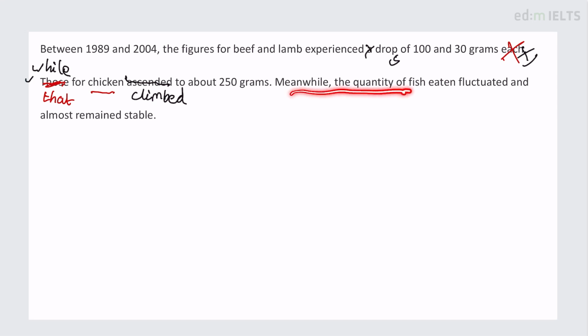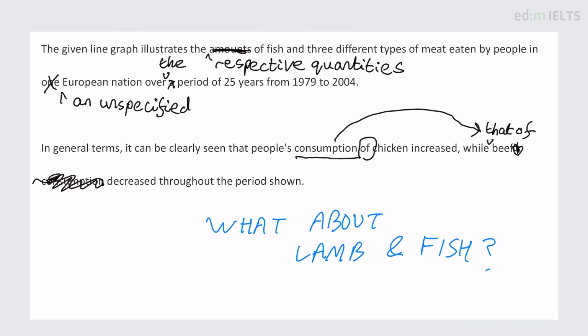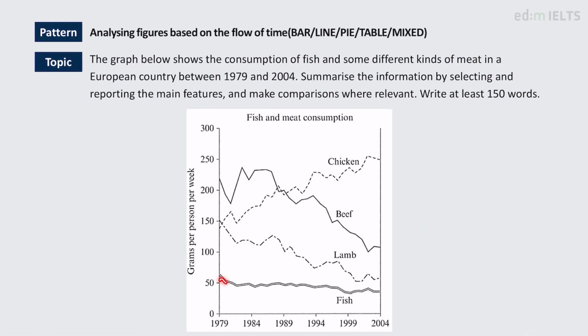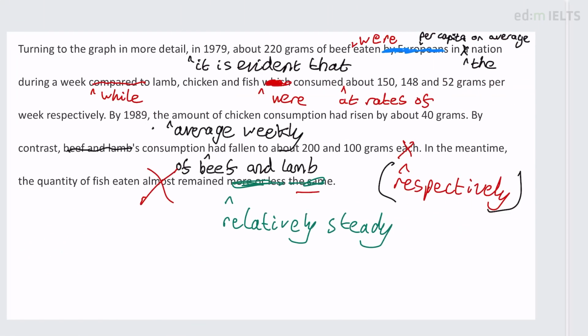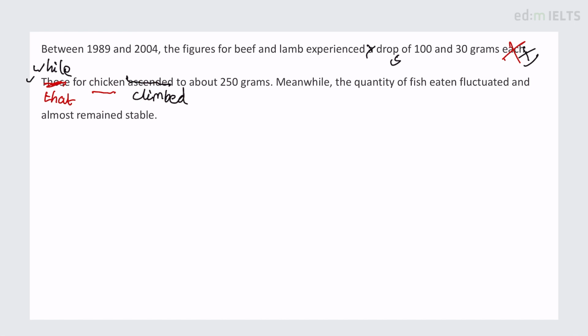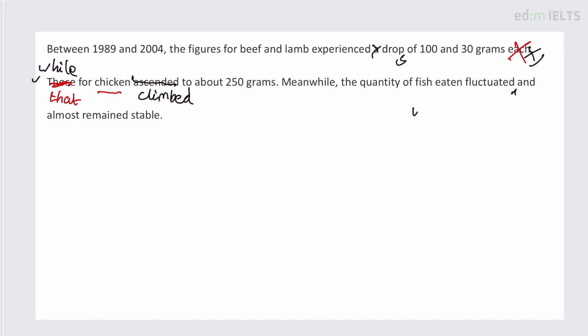Meanwhile, the quantity of fish eaten fluctuated and almost remained stable. Yes, it did, but very, very tiny fluctuations. I think we have to mention that to talk about the overall trend. Fluctuated very mildly.